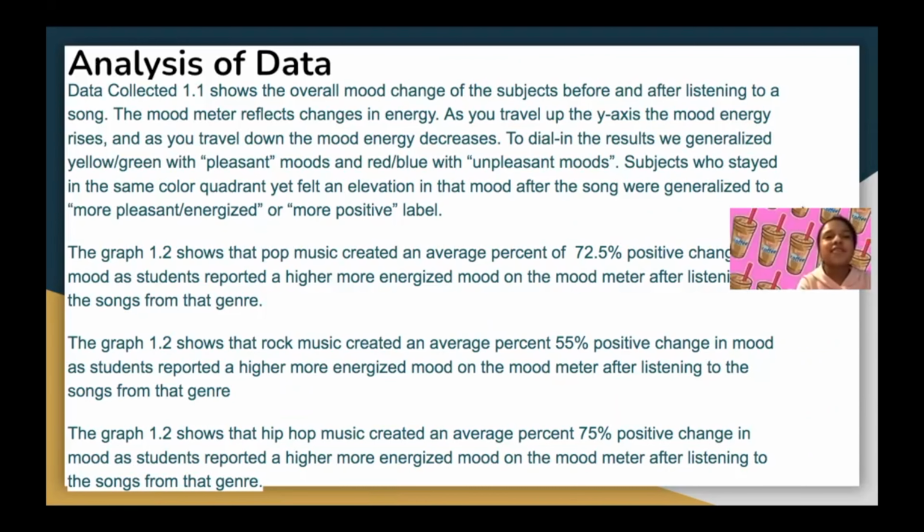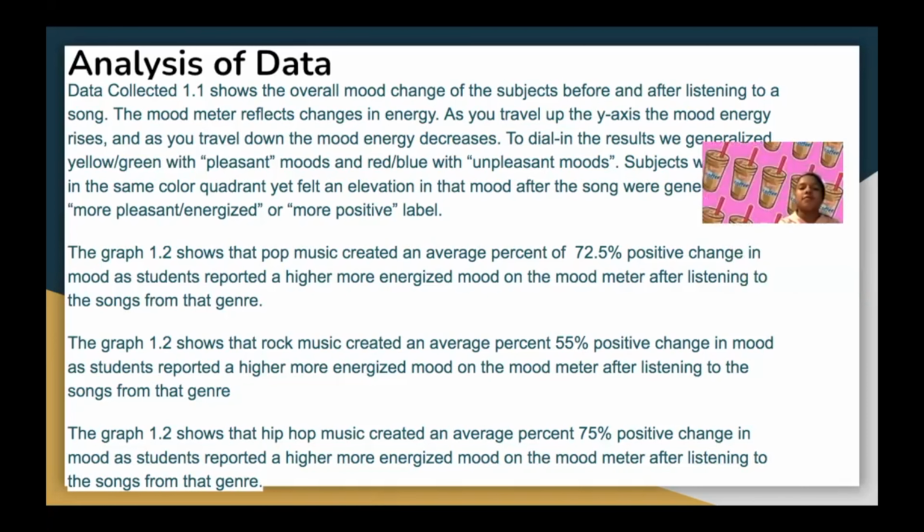In the results, we generalized yellow/green as pleasant moods and red/blue as unpleasant moods. Subjects who stayed in the same color yet felt an elevation in that mood after the song were generalized to a more pleasant/energized or more positive label.